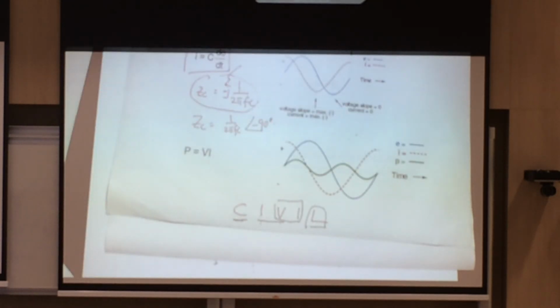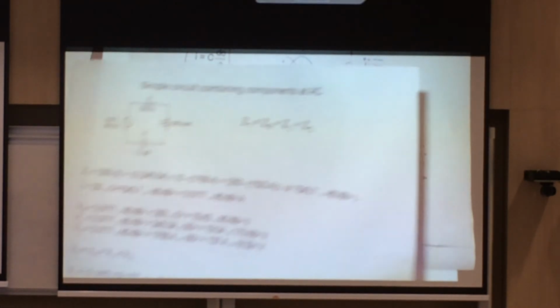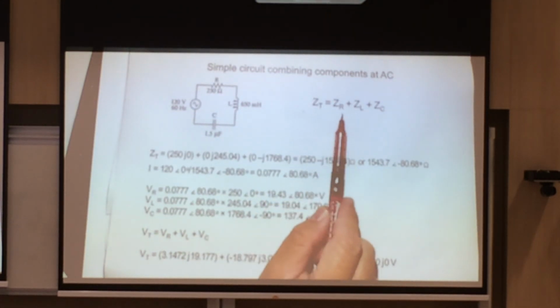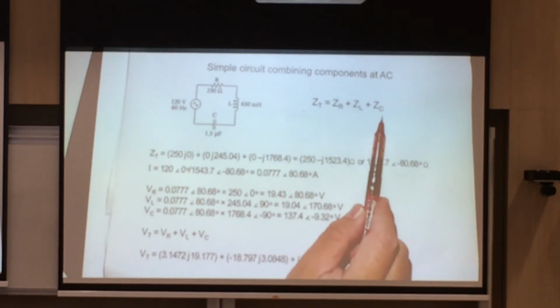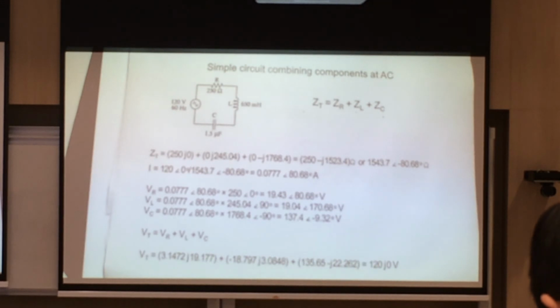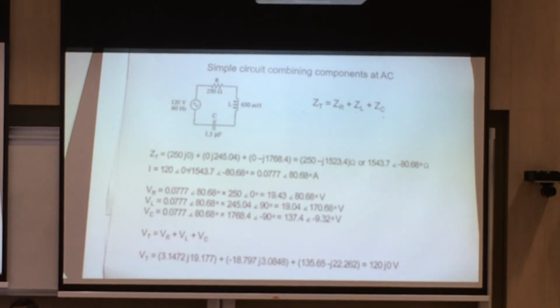And finally, if I have a circuit of this, what happens? You can work out your total impedance. Your Z total is equal to Z_R plus Z_L plus Z_C. Remember, all these are complex representations. You need to add them all together, real part to real part, imaginary to imaginary. That becomes a total complex number.